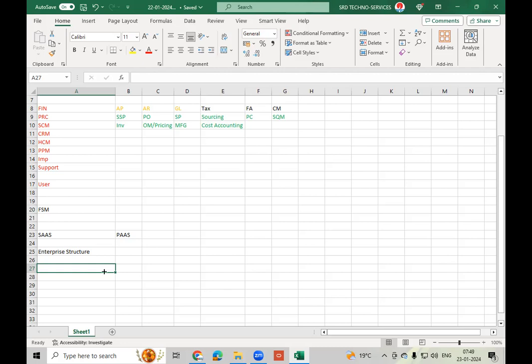In every interview, they will ask this question, right? What is the enterprise structure? Explain more about each and every line. So what we will answer: the top level is enterprise. Under enterprise, I'll maintain the primary ledger.